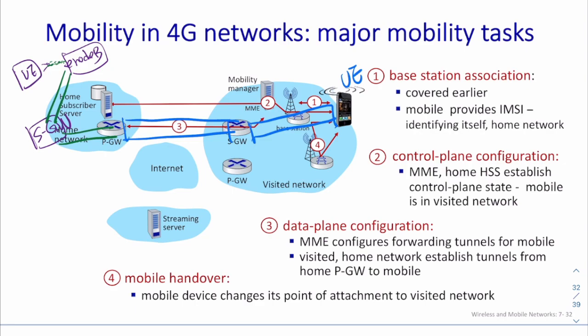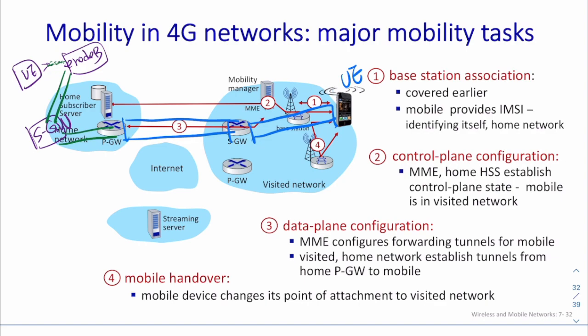Again, we have two tunnels, but in your home network you have the two green tunnels. When you are at a visit network, the two tunnels will be between the UE and the visit S gateway, and between the visit S gateway and the home P gateway. That is how it works.